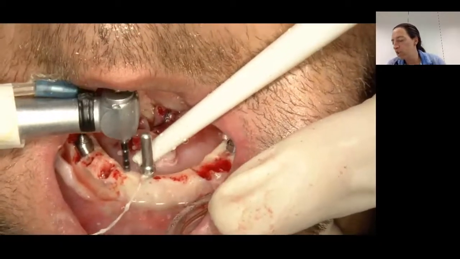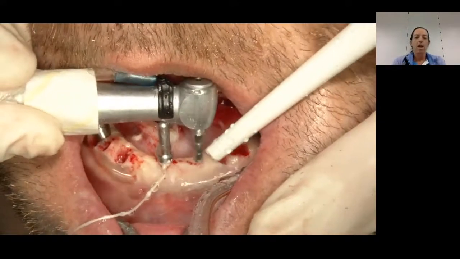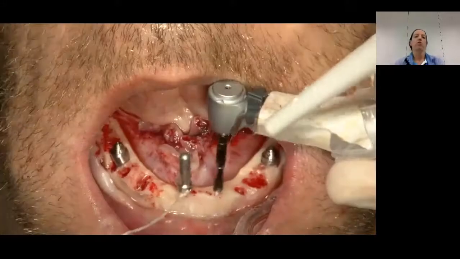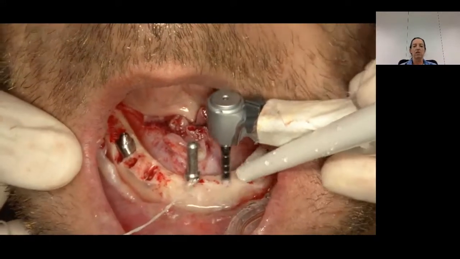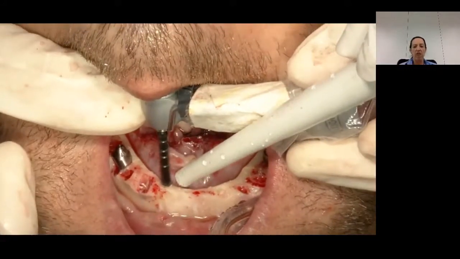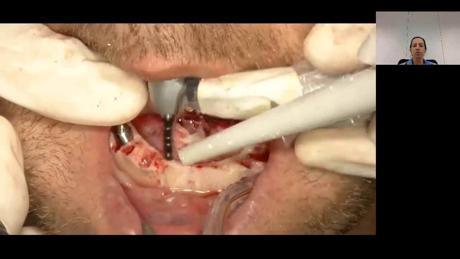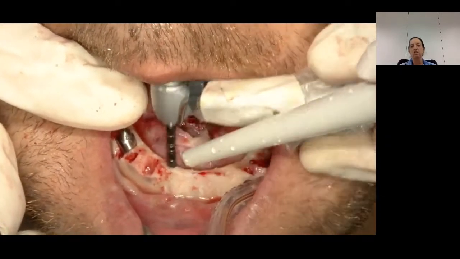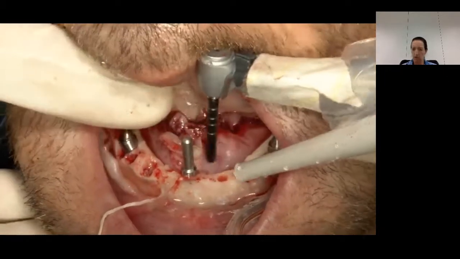So, one of the questions is how long lasts the whole duration of the treatment. So, thank you, Constantine, for your question. Usually the surgery itself takes about 1 hour and a half, it depends. But in terms of delivering the prosthesis, we usually try to count with the whole day.